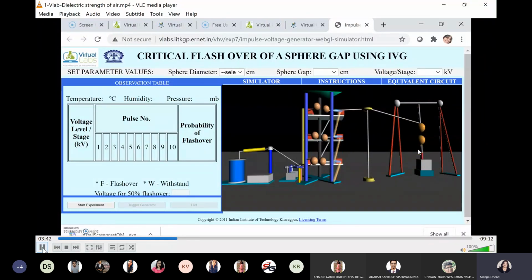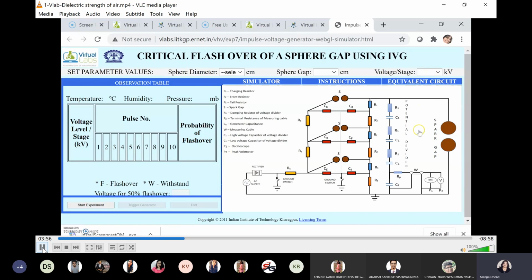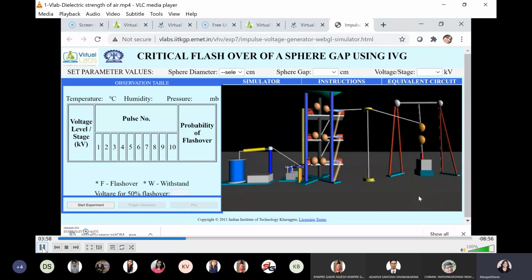If breakdown takes place, you will come to know with the air flash. So a spark of air will take place. You can visualize that if breakdown takes place with your applied voltage. Then you can see, oh, that voltage has caused the breakdown of the air. But if breakdown does not take place, then you will not observe flashover between the two gaps. So you can say that the voltage you applied, the air has withstood that voltage.